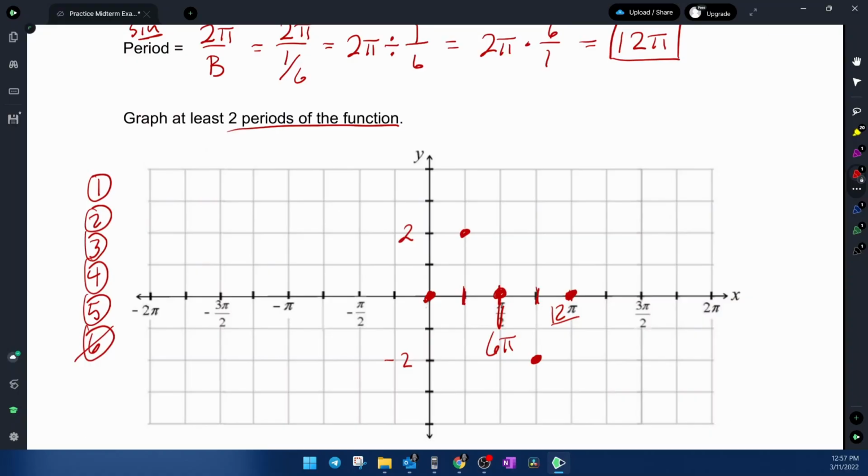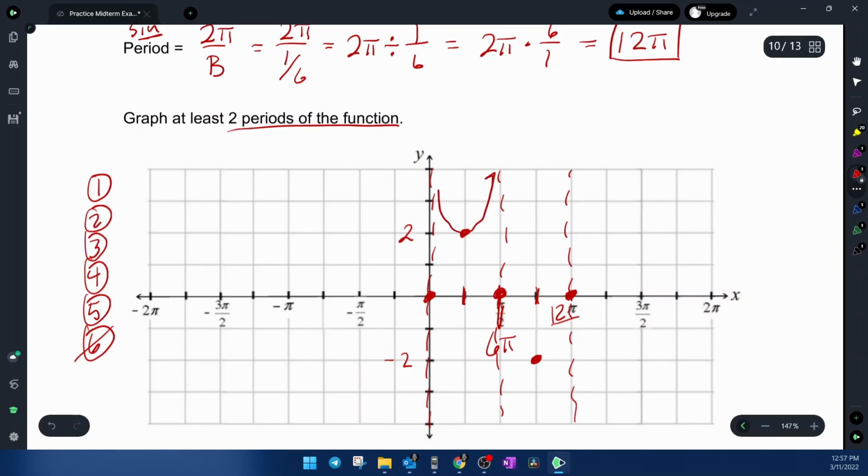We're going to turn every x-intercept into an asymptote, and the other points are going to be our points for our curves. So we're going to have an up curve up here and a down curve down here. An up and a down together, that makes one period, one wavelength.